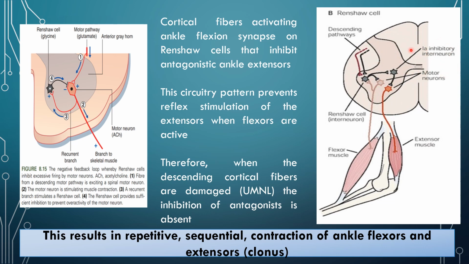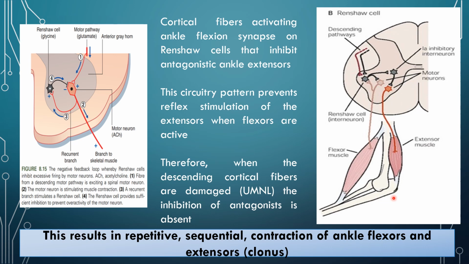Now we know that when there is any kind of flexion of the muscle, the antagonistic extensor muscle should be relaxed. If there is contraction of flexors, there must be a simultaneous relaxation of extensors so that the movement of the muscle becomes smooth.